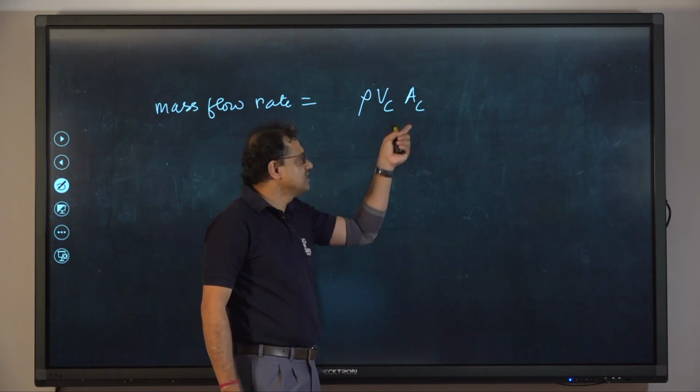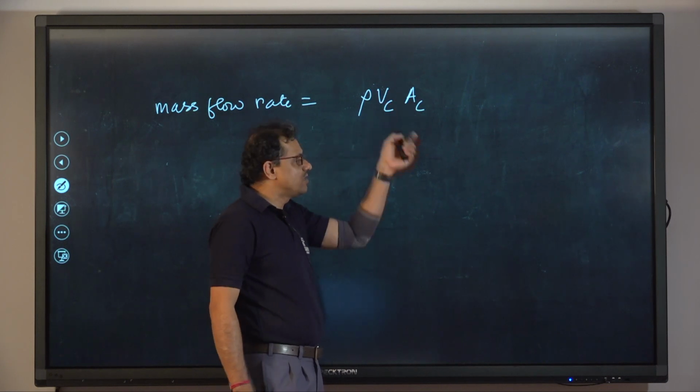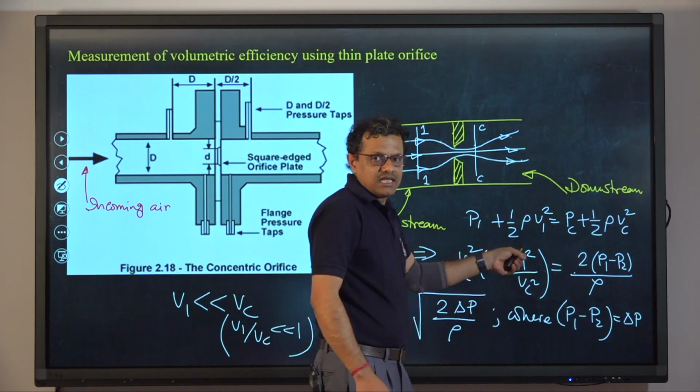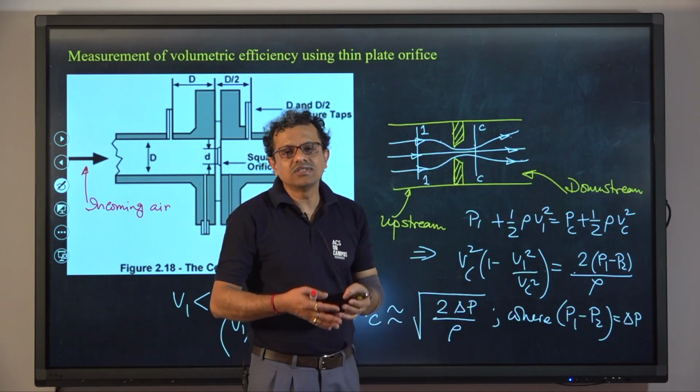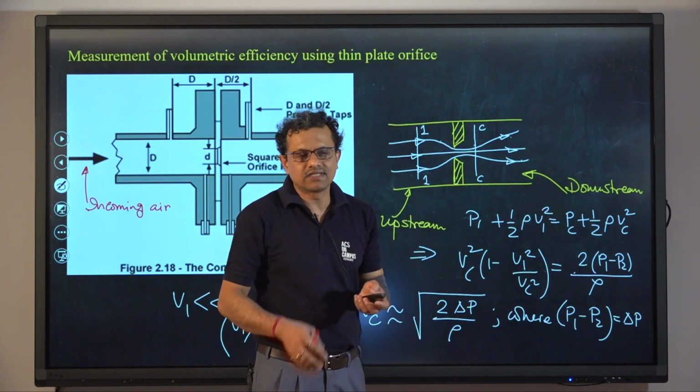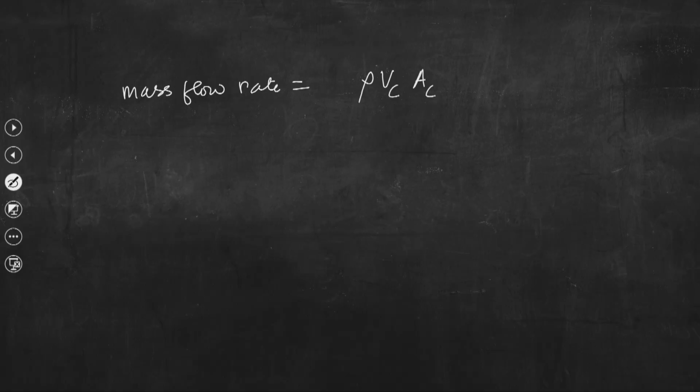But let me tell you one thing, that Vc is calculated using this equation, and this equation does not take into account the loss due to fluid friction. So if we need to get the actual mass flow rate, that is our target, we have to multiply this quantity with some coefficient CD, and certainly this quantity should be less than 1.